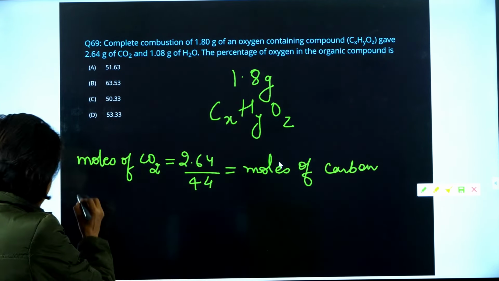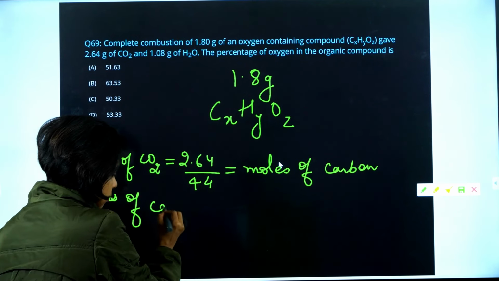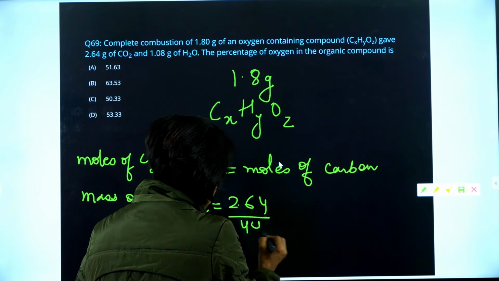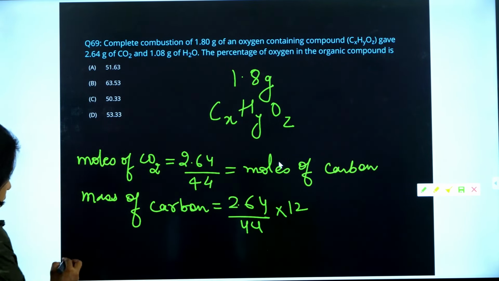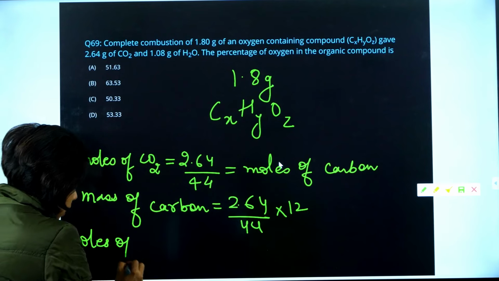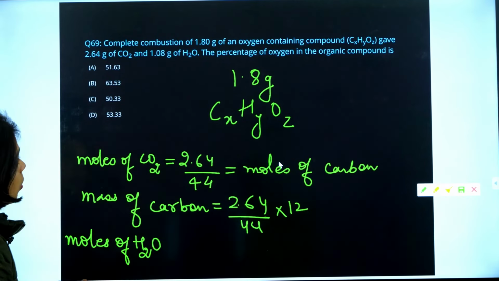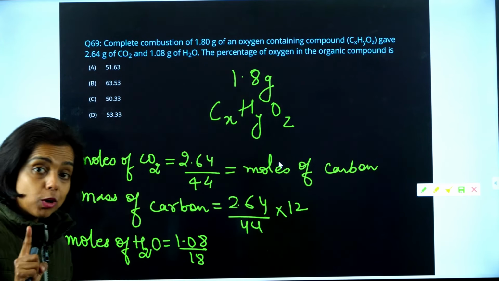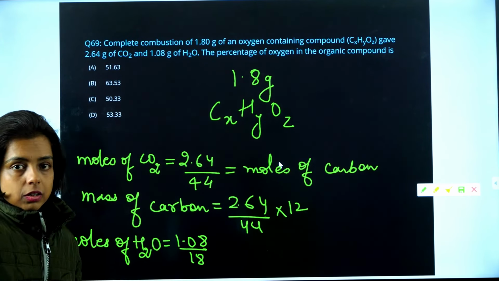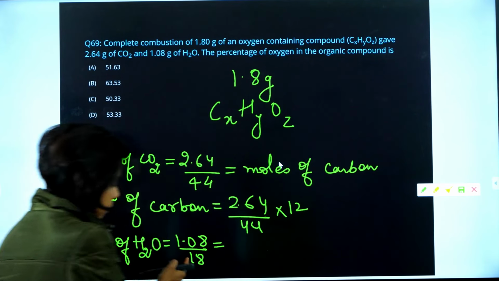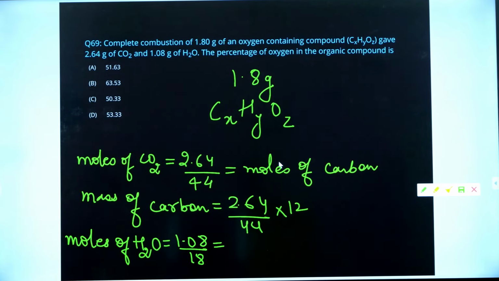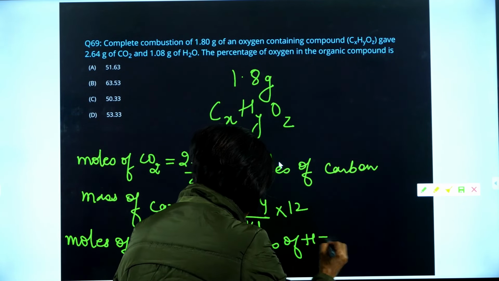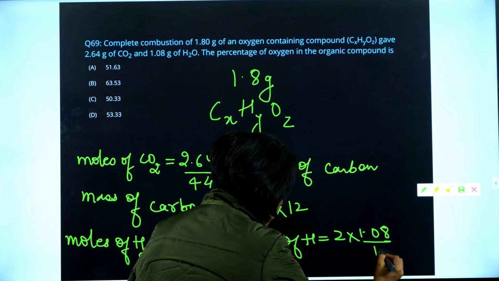The mass of carbon will be the moles into atomic mass. Similarly, the moles of H2O is given mass divided by molar mass. 1 mole of H2O has 2 moles of hydrogen atoms. So the moles of hydrogen is 2 times the moles of H2O.